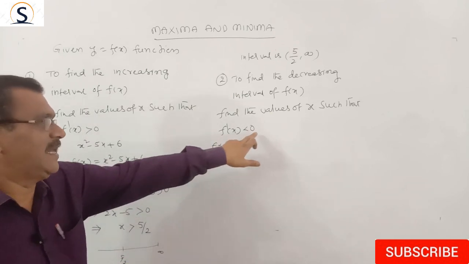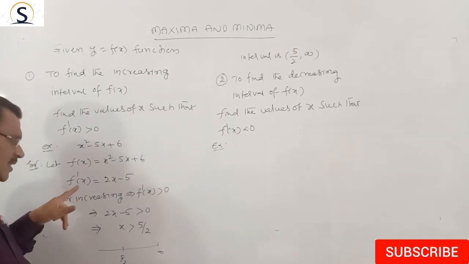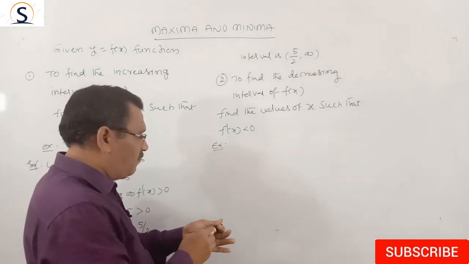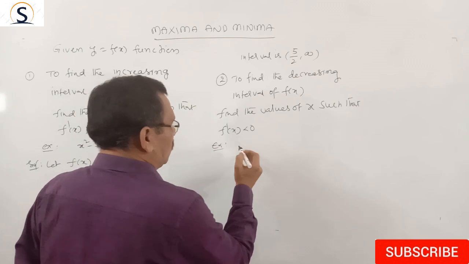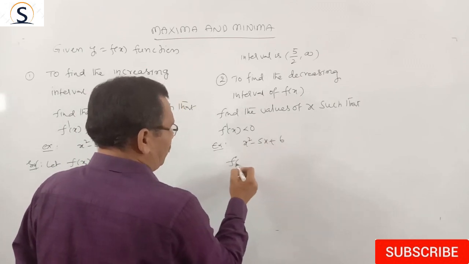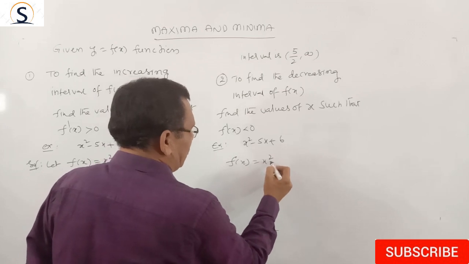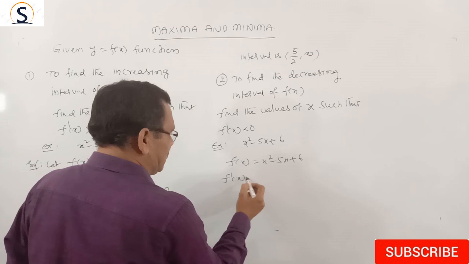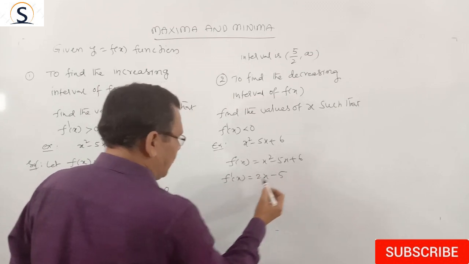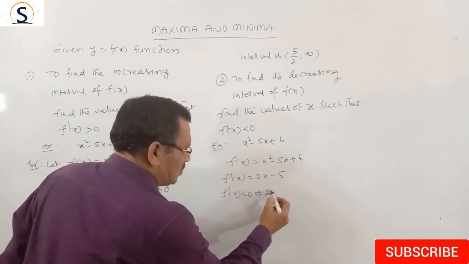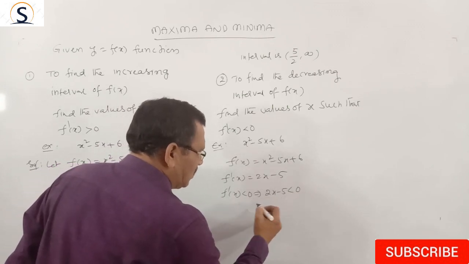For that, f dash of x is less than 0. Now what is f dash of x? It is 2x minus 5. So 2x minus 5 is less than 0. For this f of x, x square minus 5x plus 6, f dash of x is equal to 2x minus 5. F dash x less than 0 implies 2x minus 5 less than 0.